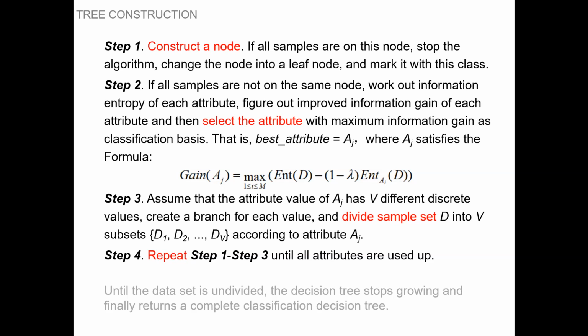After the current node completes data partitioning, the attributes that have been partitioned in the previous step are removed, and then we generate data subsets and continue a new round of partitioning. Until the dataset is undivided, the decision tree stops growing and finally returns a complete classification decision tree.